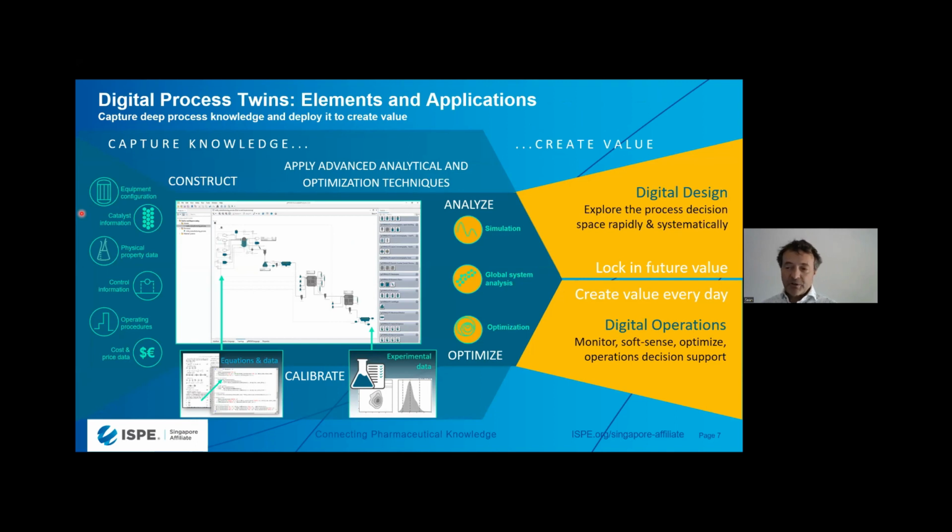If we have a catalytic process, of course, information on the catalyst, information on physical properties, whether it's solubility for crystallization or vapor-liquid equilibria, as we'll see for solvent swap, or it could be isotherms for drying operations. Information on control systems, how we operate the plant, what are the degrees of freedom, what are the constraints, and so on.